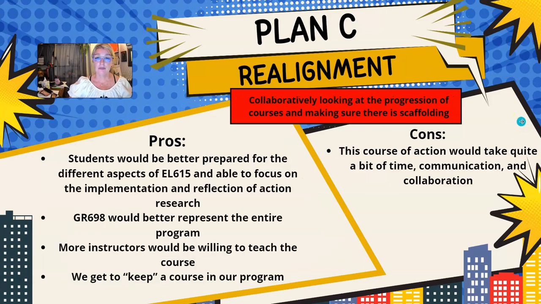And then plan C, realignment. We could collaboratively look at the progression of our courses and make sure that there is scaffolding. While everybody does have academic license to interpret their syllabus and teach it the way that they need to, we could word things in our syllabi to make sure that certain pieces of the course are implemented.